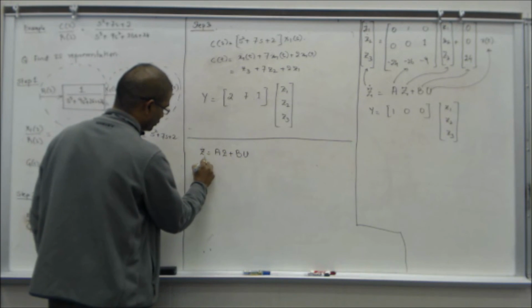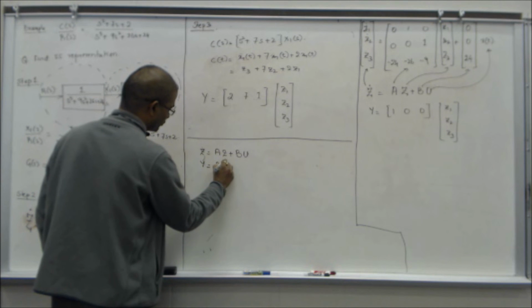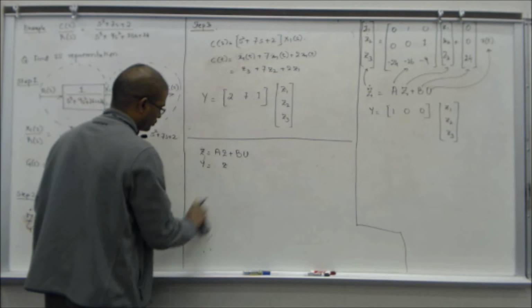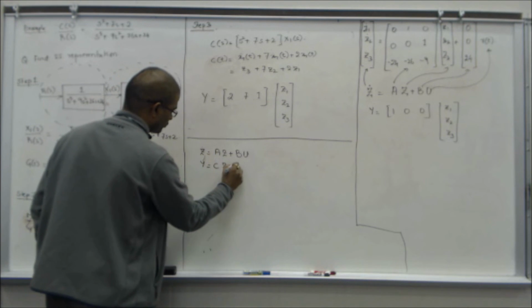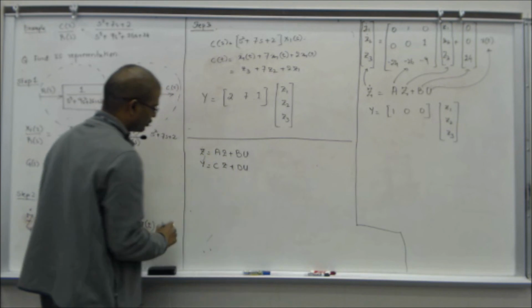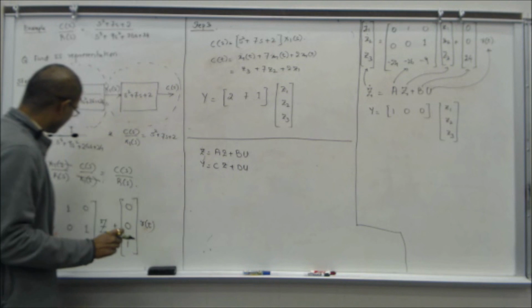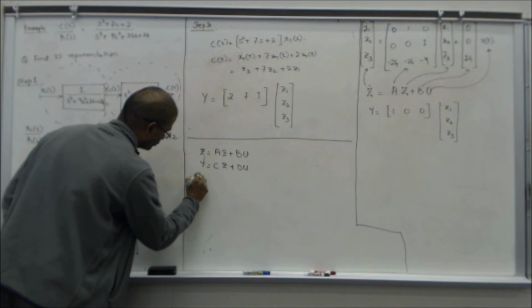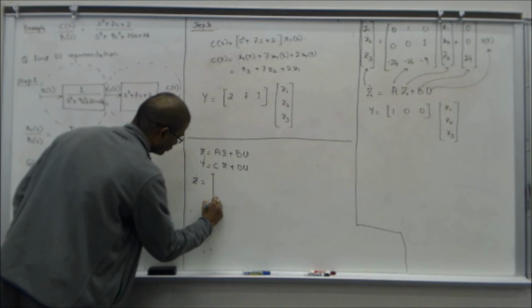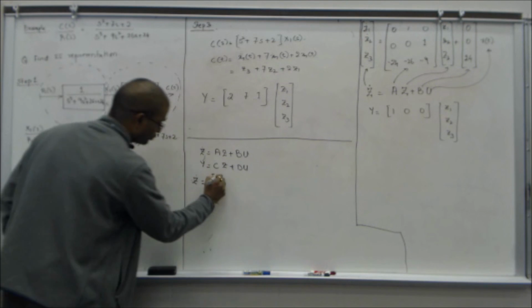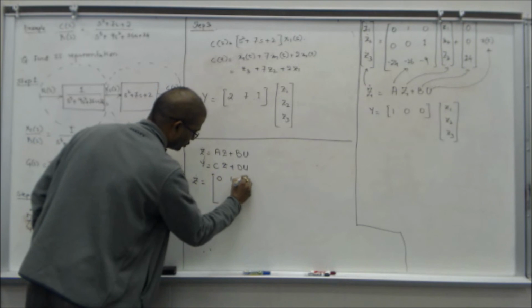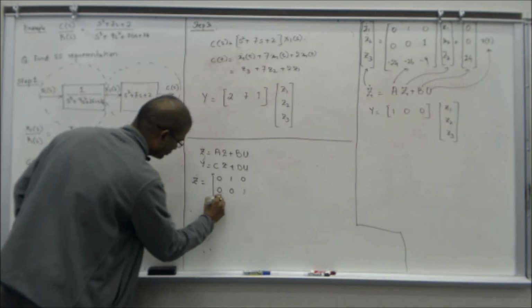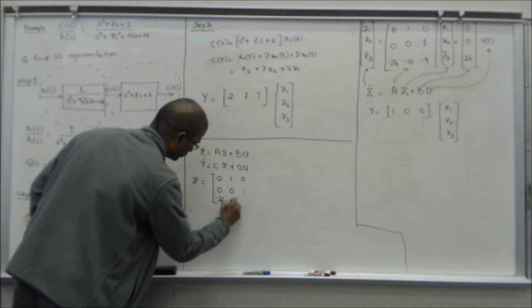It's okay. Okay. So here Z, this is your Z dot. So Z dot is equal to, your A matrix is this 0, 1, 0, 0, 1, minus 24, minus 26.